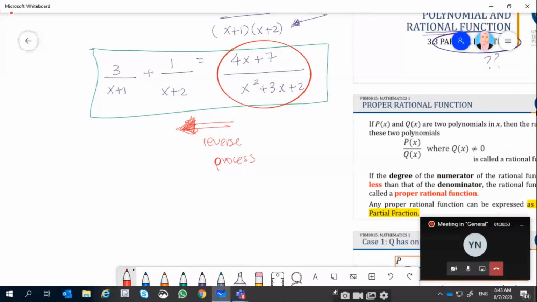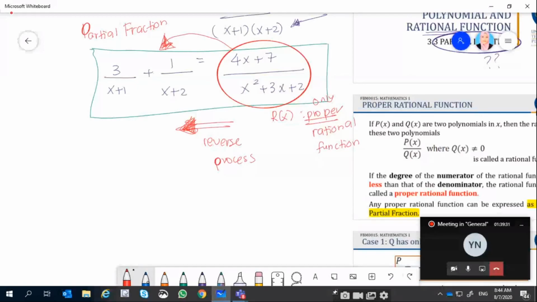From the given fraction, the given is a proper rational function. Only a proper rational function can be expressed as partial fractions. Again, only a proper rational function can be expressed in partial fractions.